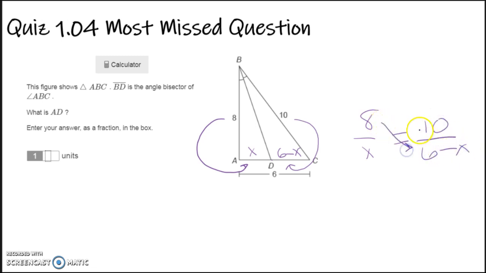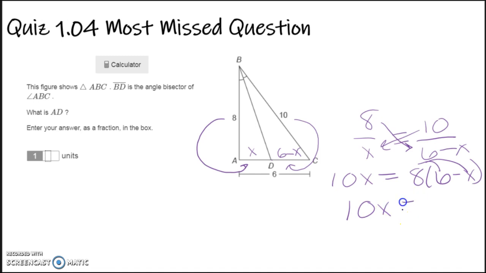Cross multiply. 10x is equal to 8 times 6 minus x. Distribute. 10x equals 48 minus 8x. We add that 8x to both sides. We get 18x equals 48. We divide both sides by 18.